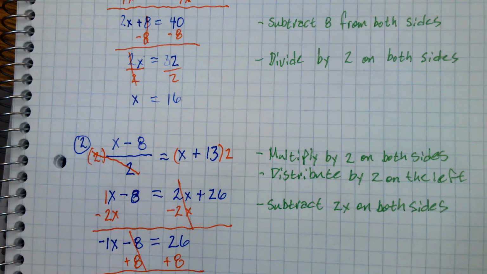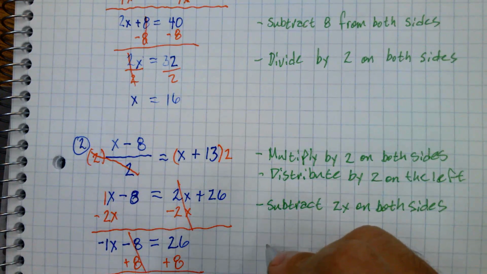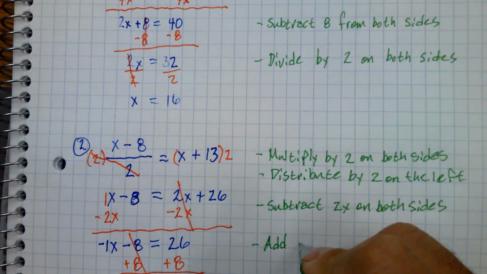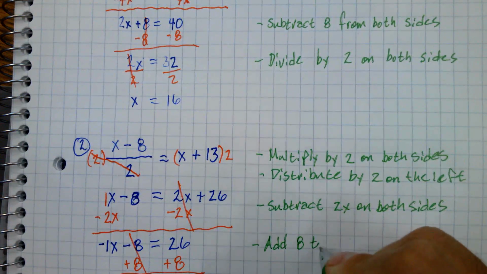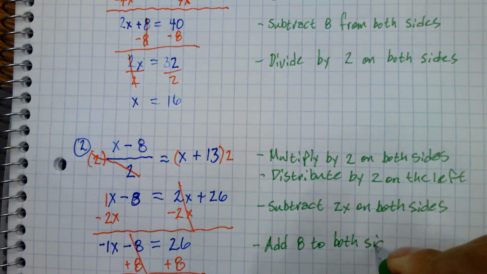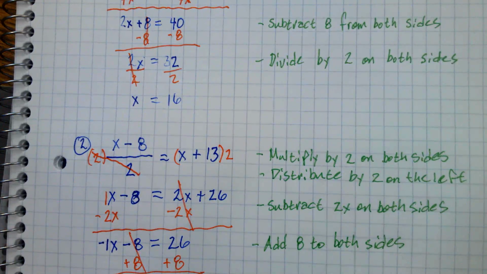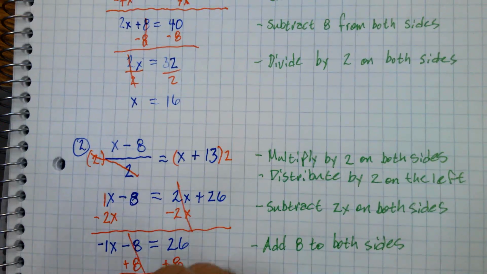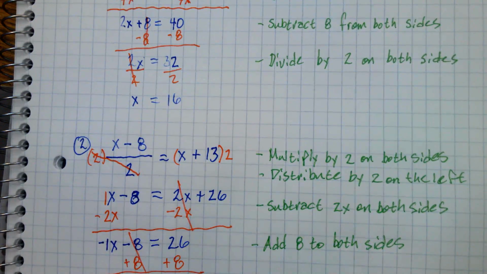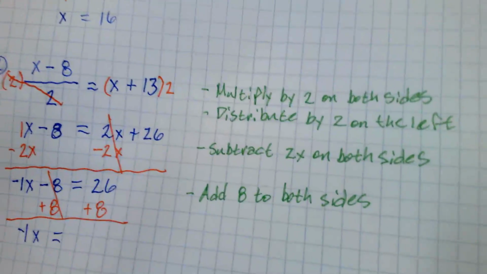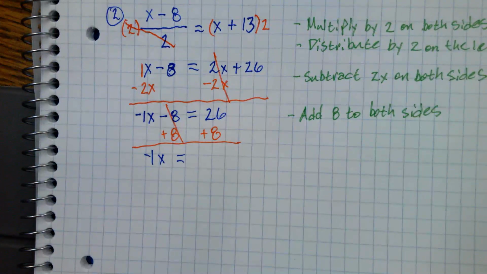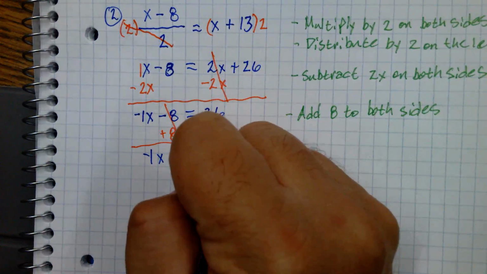That's what, 34? So add 8 to both sides. All right. So now we get negative 1x equals 34.